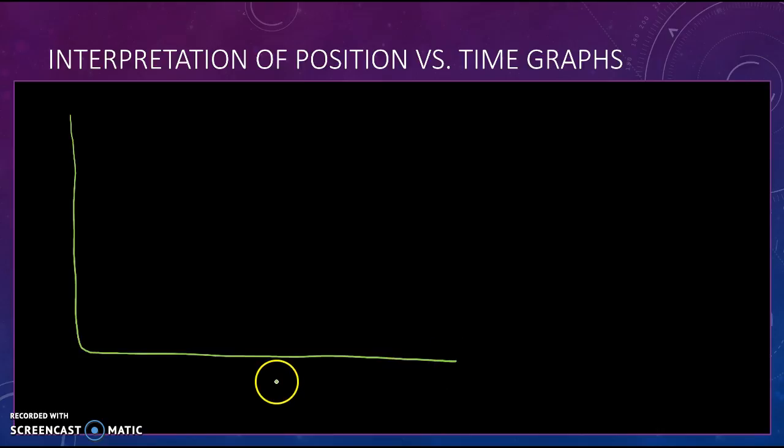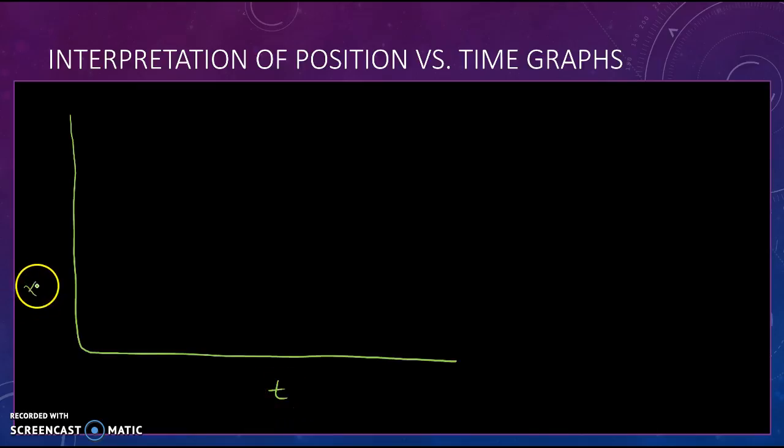So one of the first types of graphs we looked at were these position versus time graphs. So you can imagine that we have this graph of position versus time. Just a very simple graph. So we'll have time on this axis.